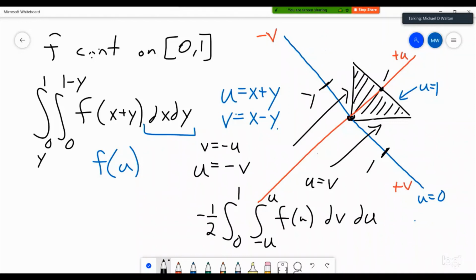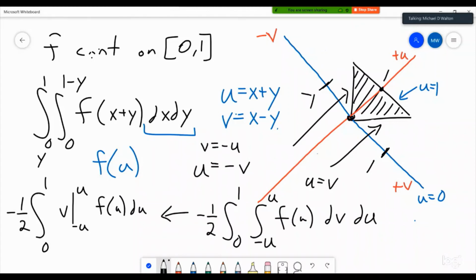So that's going to turn into, we have a -1/2 out front, integral from 0 to 1 of, the integral of 1 with respect to v is just going to be v, and then we evaluate v, so it's v evaluated from -u to u, du, oh, forgot the f of u is acting as a constant, so we have f of u du.